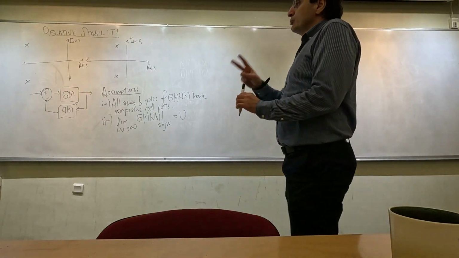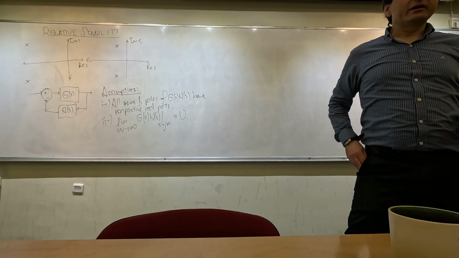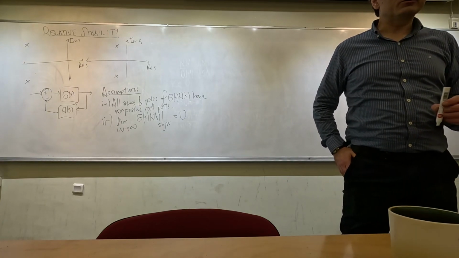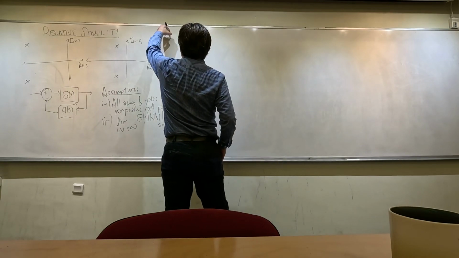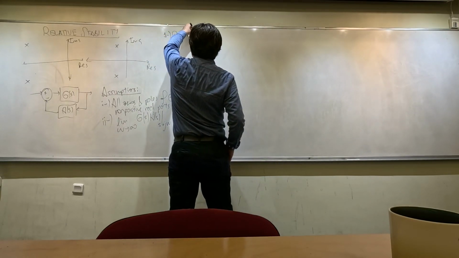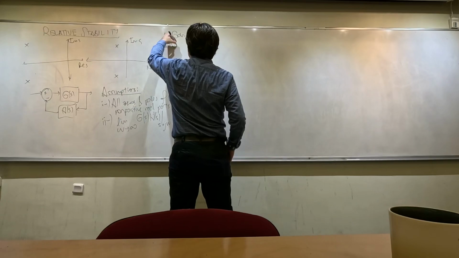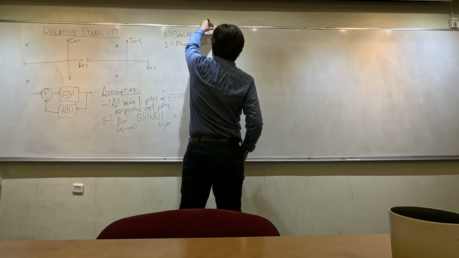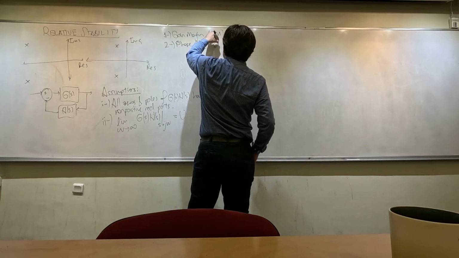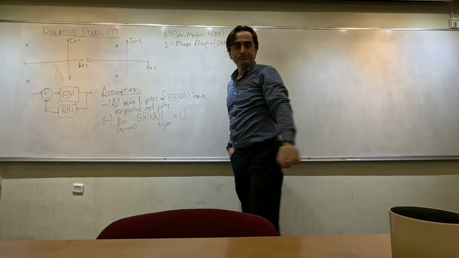So here we are going to use two frequency domain measures for stability. The first measure is going to be called gain margin, and the second measure is going to be called phase margin. This is GM and this is PM.